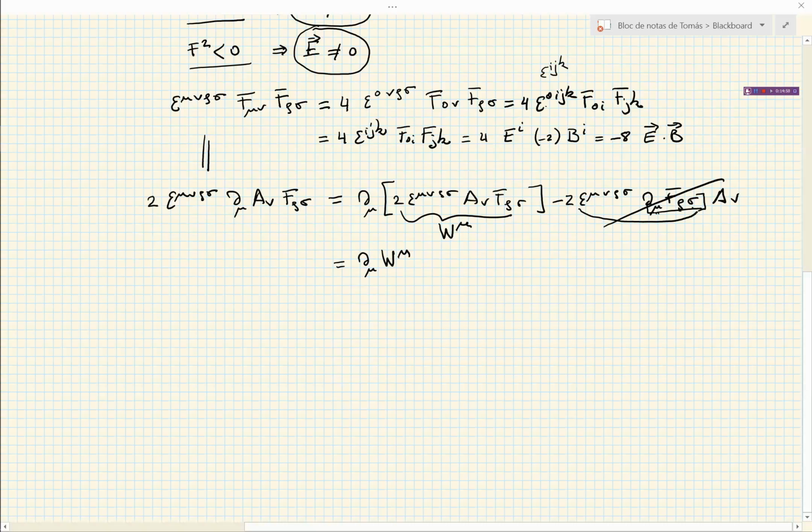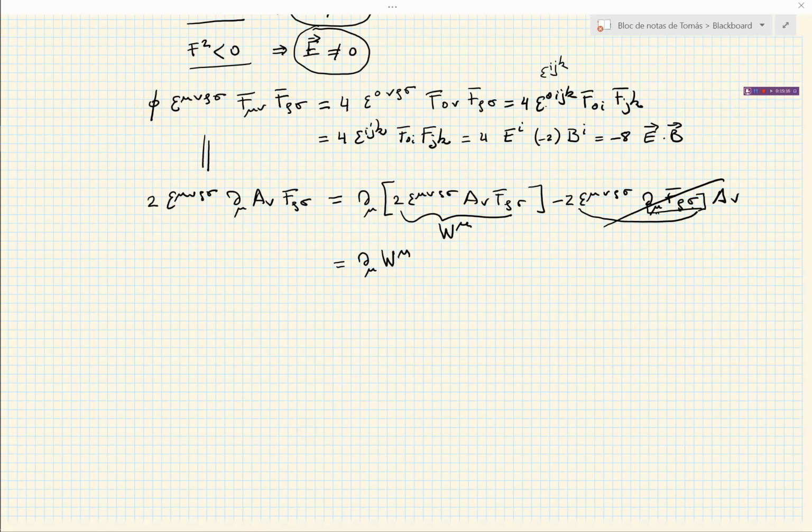Observe that if I multiply this term by some field, then this field cannot be put inside of the total derivative, and this will not be a total derivative anymore.